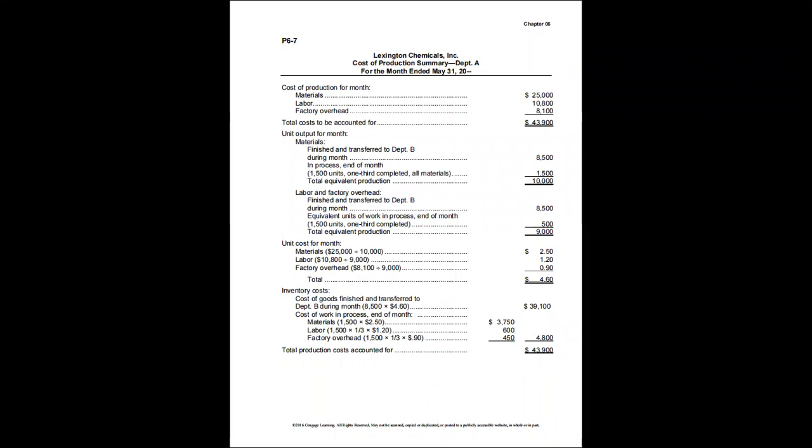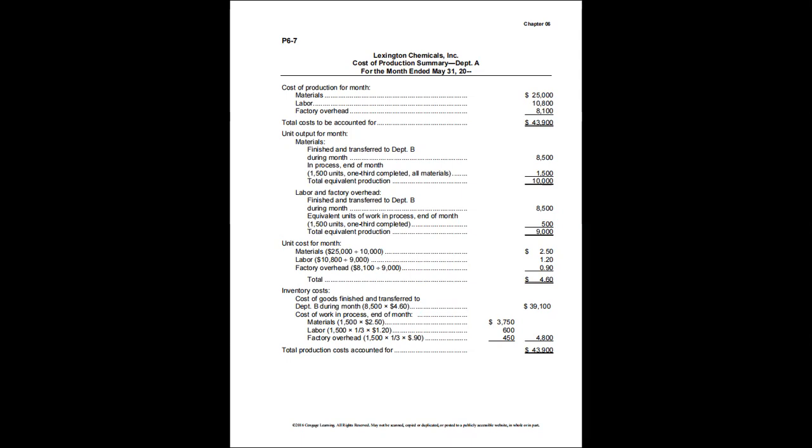So we have 2.50. For labor, we get 1.20, and for factory overhead, we get the amount of 90 cents. Now using the individual equivalent production. So for the unit cost, we have the unit cost of 4.60.